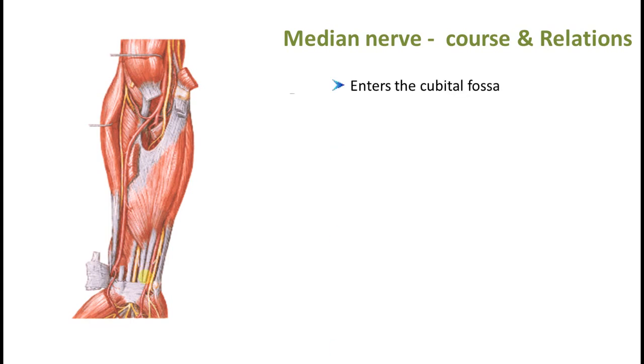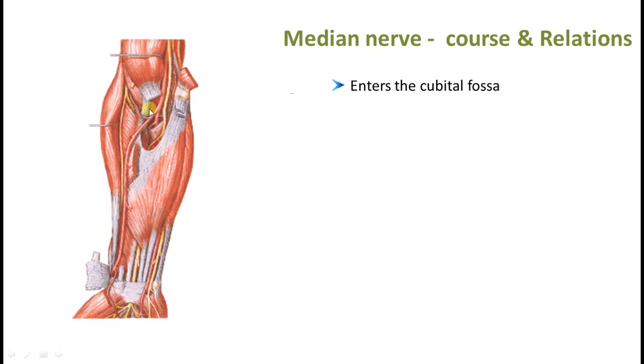Okay. Now in the cubital fossa, you all know the contents of the cubital fossa. From lateral to medial, it is the tendon of biceps, the brachial artery in between, and the median nerve, the most medial structure.